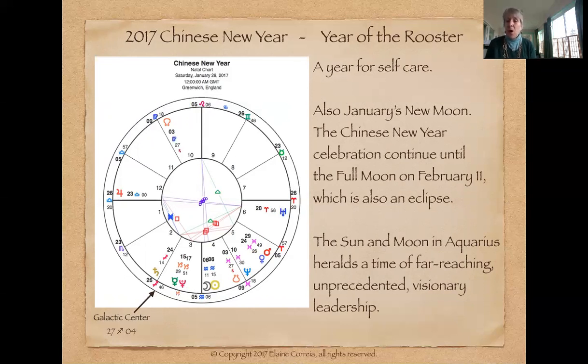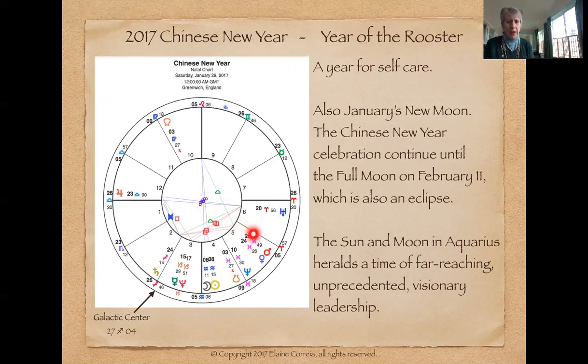And the 8 is about holding the big vision. It's like create a big vision of something that's going to benefit more than just ourselves. It's going to benefit everyone over the long term. So that's kind of like the theme of this particular new moon and Chinese New Year.